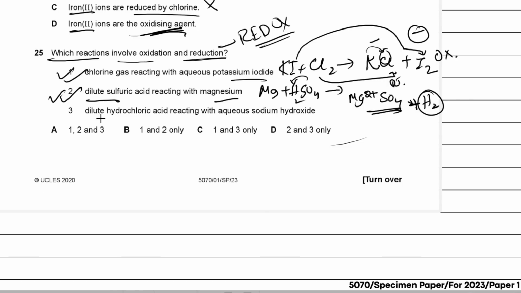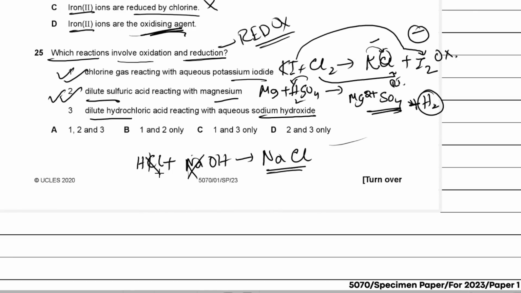So let's follow with number 3. Dilute hydrochloric acid reacting with aqueous sodium hydroxide. So we are forming NaCl, a salt, which is ionic. So nothing happens with chlorine and oxygen, plus water.